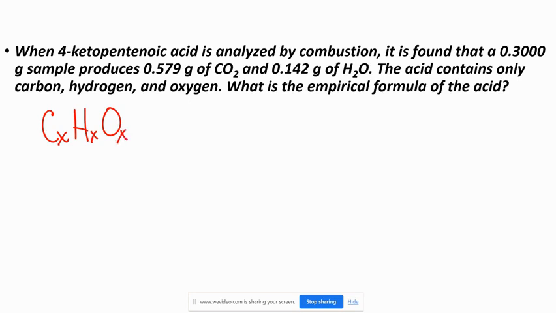I don't know what these subscripts are. That's what we're figuring out. We are going to react that with oxygen, and we are going to form carbon dioxide and water as our products. All right?